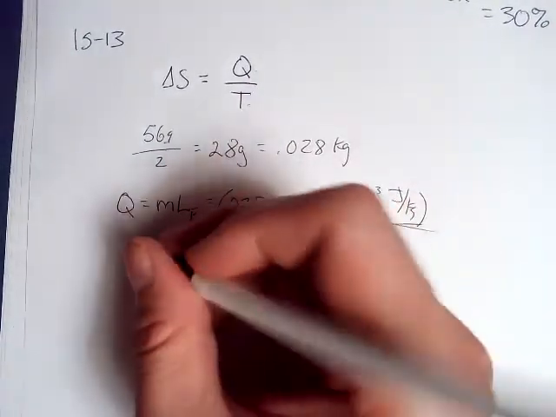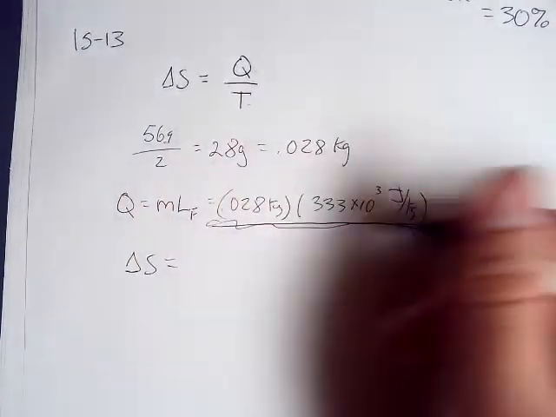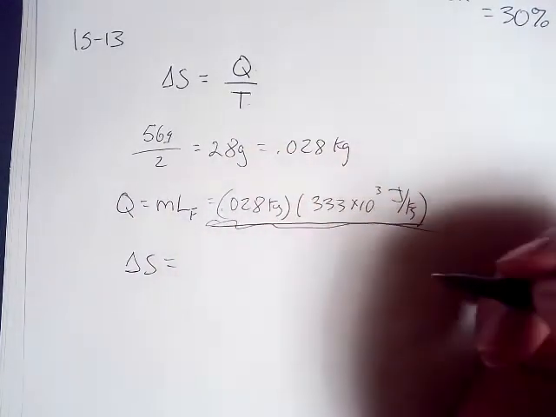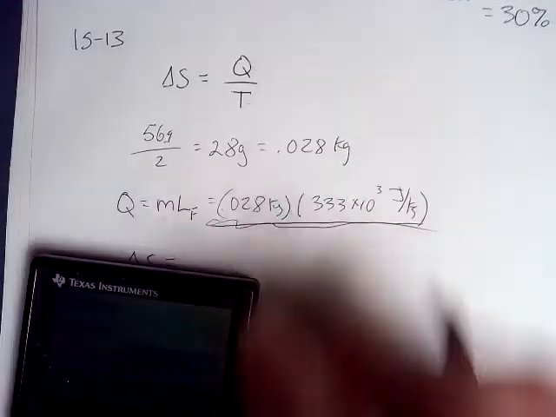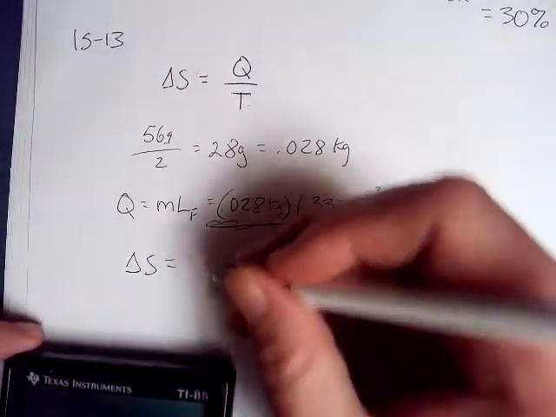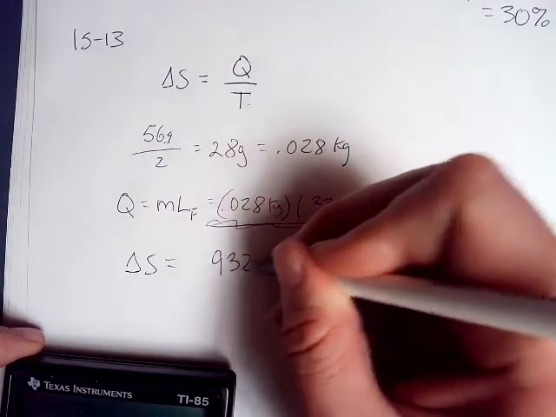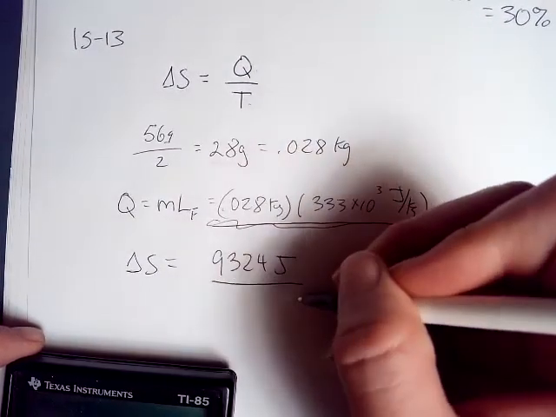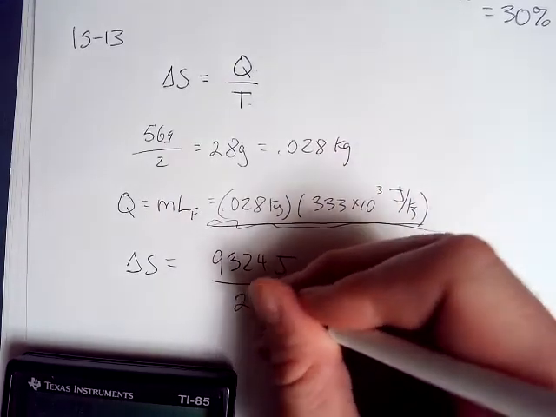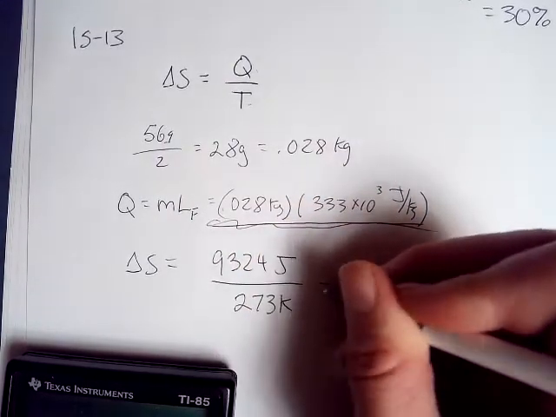And then delta S is whatever this is over the temperature. Let's get an answer here. Okay, so that's 9324 joules divided by our temperature, which was 0 degrees Celsius, but that's 273 Kelvin.